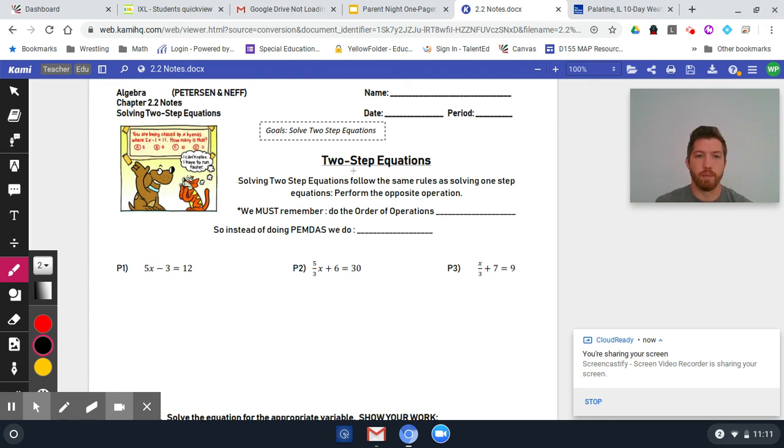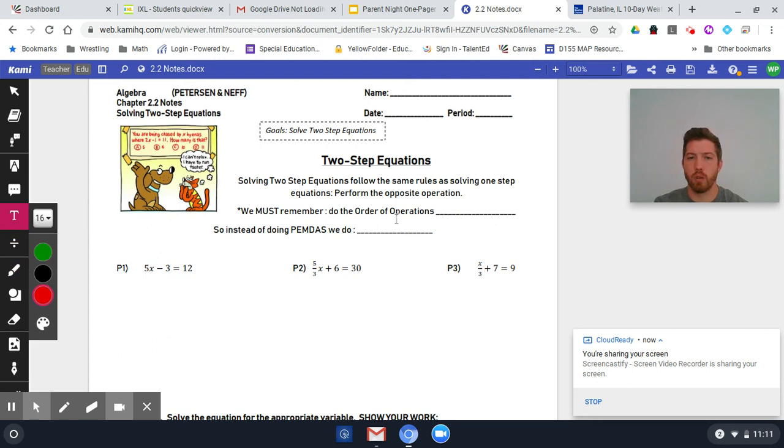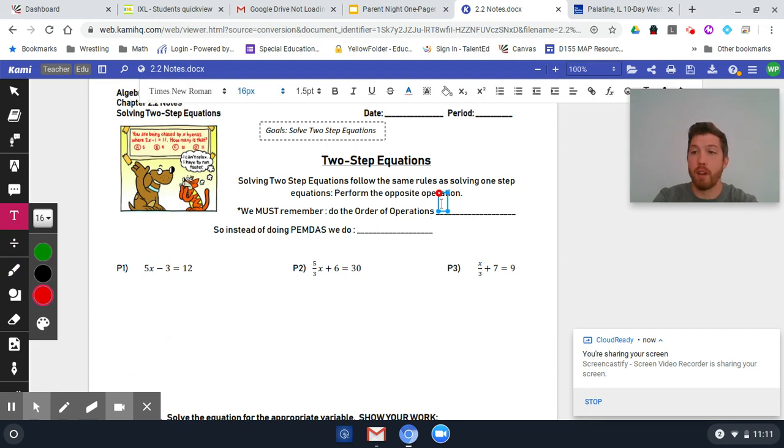All right. So there is one important thing to remember when solving for x. Solving two-step equations follows the same rules as solving one-step equations, but we need to perform the opposite operation. So we must remember to do order of operations. We've got to do them backwards, actually. This kind of goes against everything we've done before.